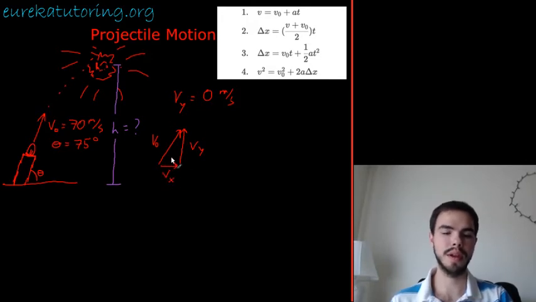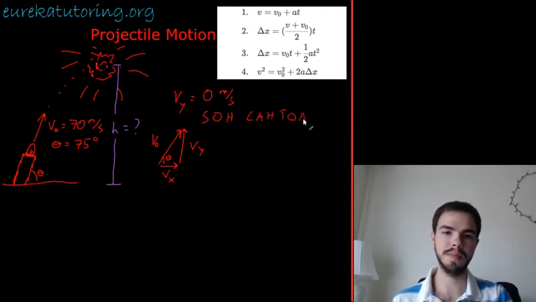To figure out what Vy is, we have to use a little bit of trigonometry. All we need to know is that the sine is the opposite over the hypotenuse, if you're familiar with SOHCAHTOA.